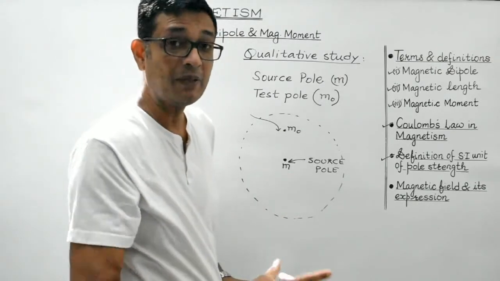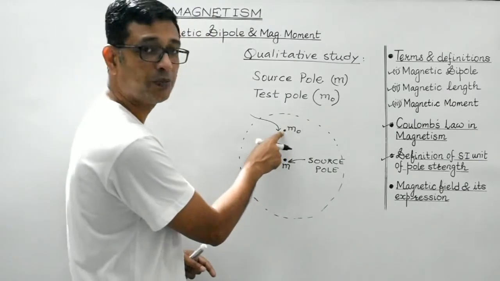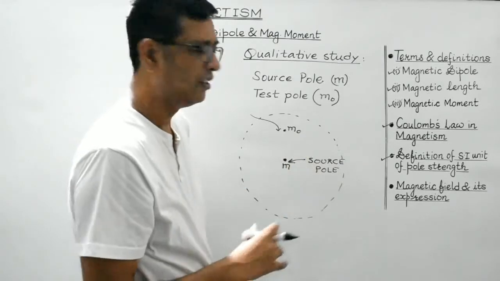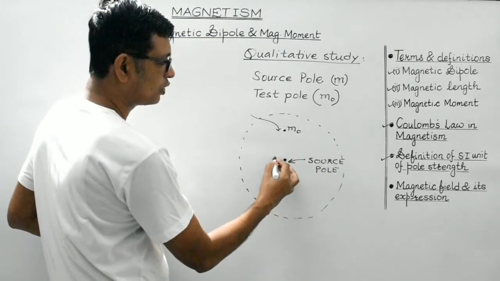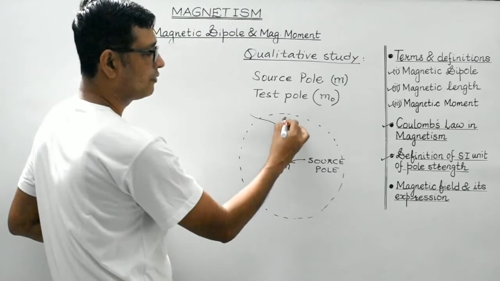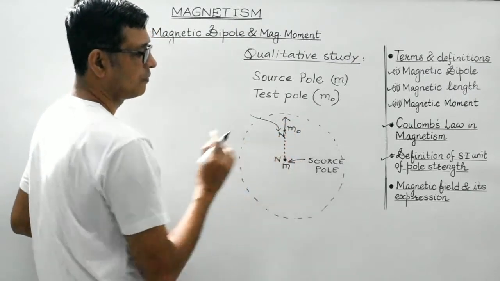That magnetic force experienced by this test pole may be of attractive or repulsive nature. For convenience, if we consider it to be North Pole, this also to be North Pole, then obviously it will experience magnetic force of repulsion.